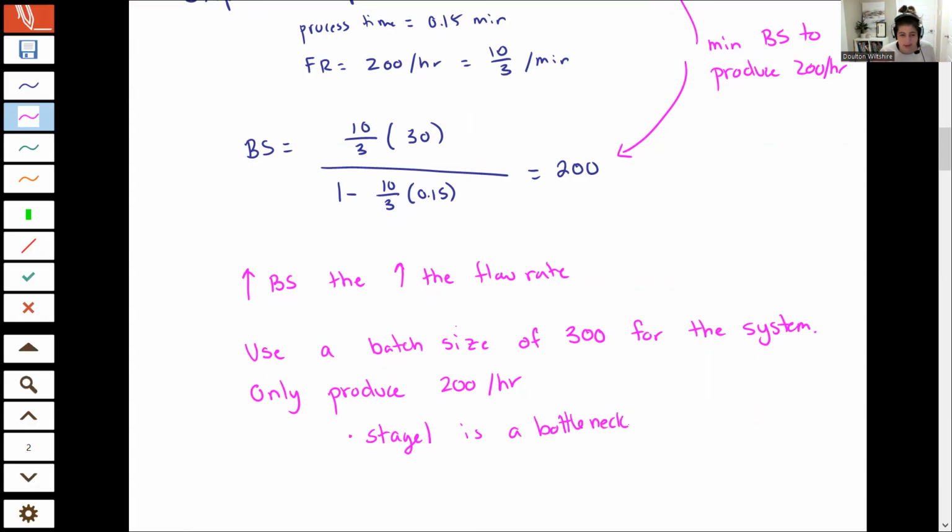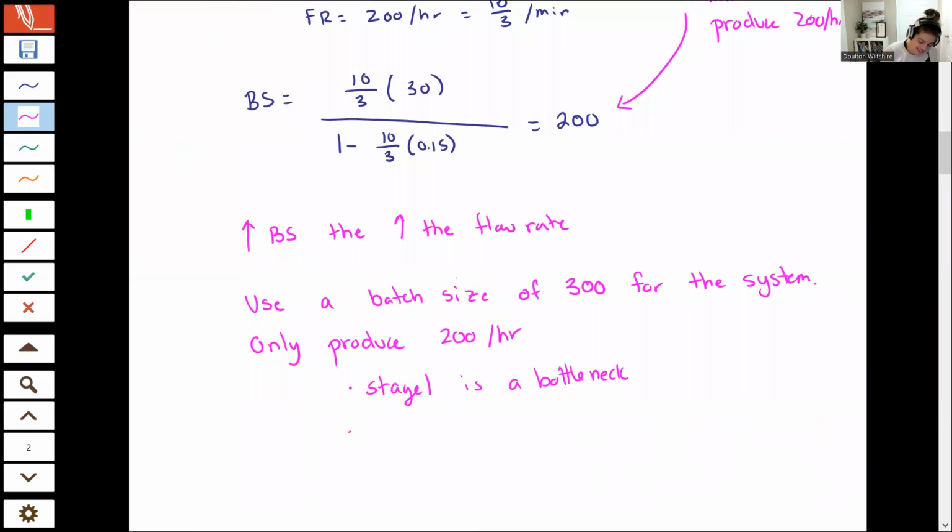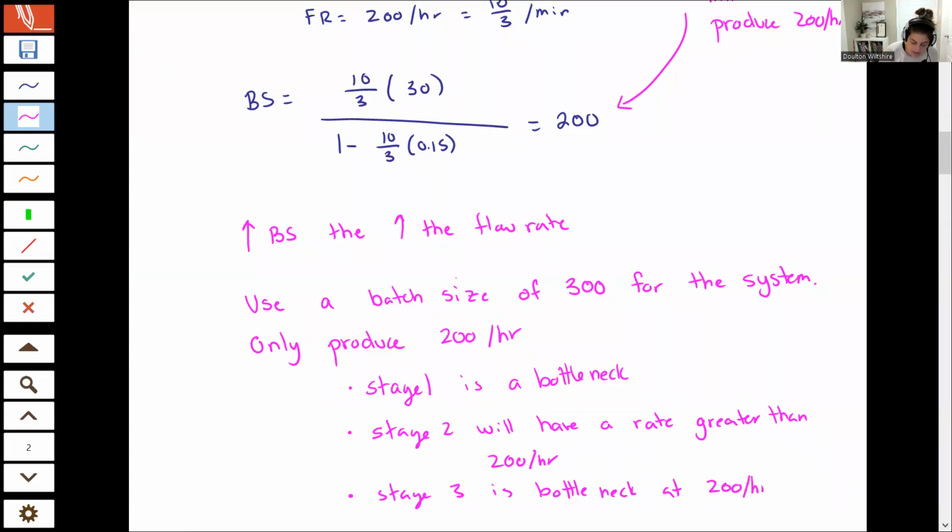It's going to be producing exactly 200 per hour. Stage 2 will have extra capacity. It will be producing at a rate greater than 200 per hour. And stage 3 is still a bottleneck at 200 per hour.